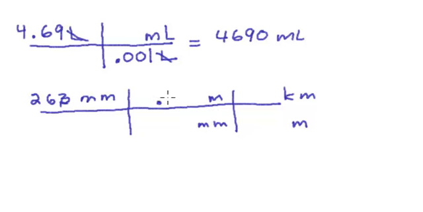This is milli, that's 0.001, so 0.001 meters is a millimeter. I put the millimeters down here so that they would cancel with these millimeters. I put the meters here so they would cancel with these meters. Kilo means 1,000, so I'll put 1,000 here because 1,000 is a kilo, so 1,000 meters is a kilometer.